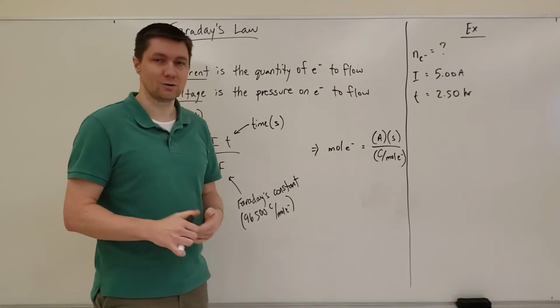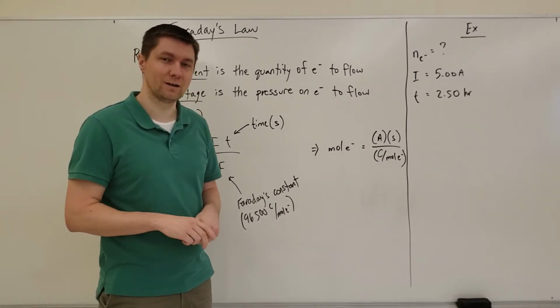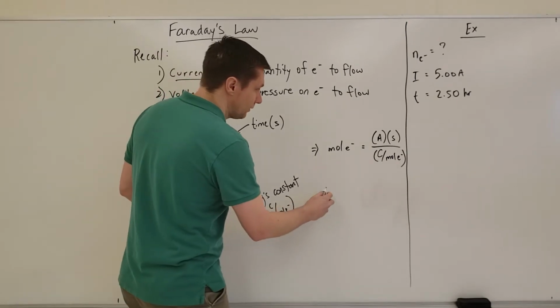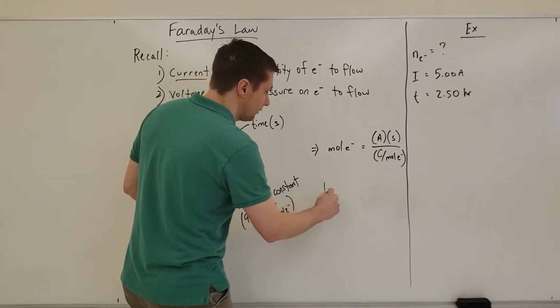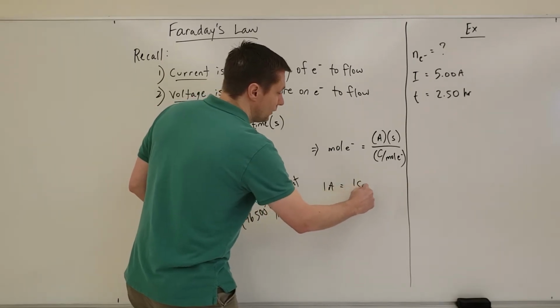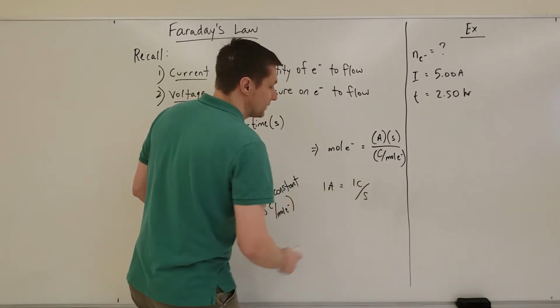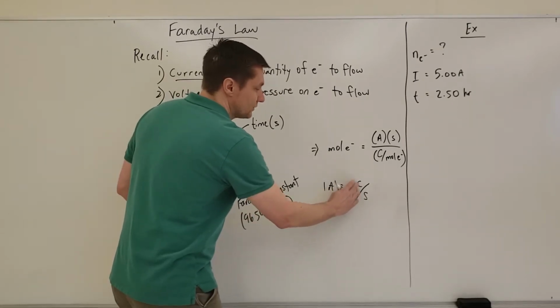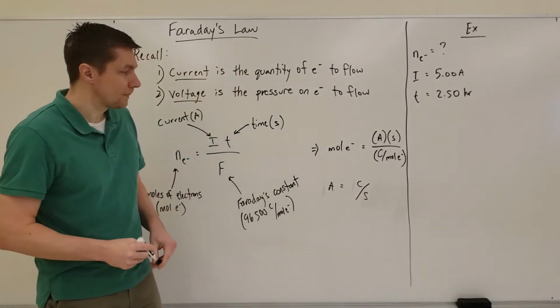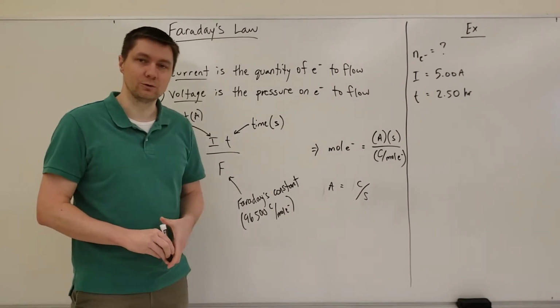And it turns out that if you take a look in your data booklet, you can see that 1 amp is equal to 1 coulomb per second. So in other words, if we just take these numbers away, like that, 1 amp is equal to a coulomb per second.